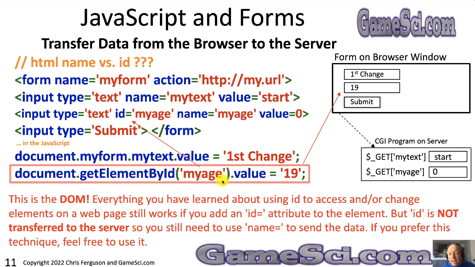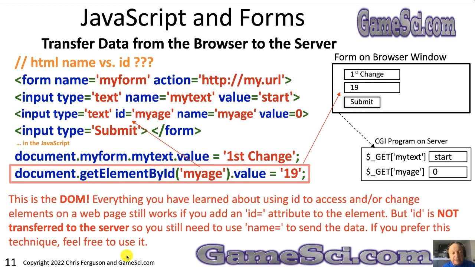document.getElementById("myAge").value equals 19, and you can see a 19 shows up in the form element on the browser window. This is the DOM. Everything you've learned about using ID to access and change elements on a web page still works if you add an id attribute to the element.